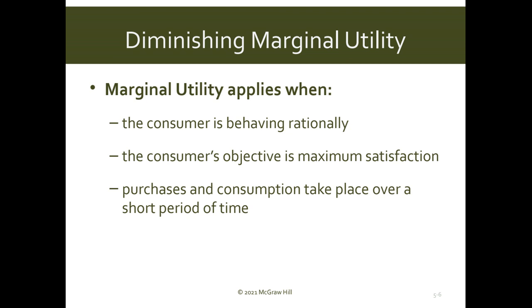Number one, consumers are behaving rationally. So I'm assuming all consumers are rational. You can't say that I'm going to consume this product even if I'm not receiving any satisfaction. That is not rationality. So we assume that we are all rational individuals.